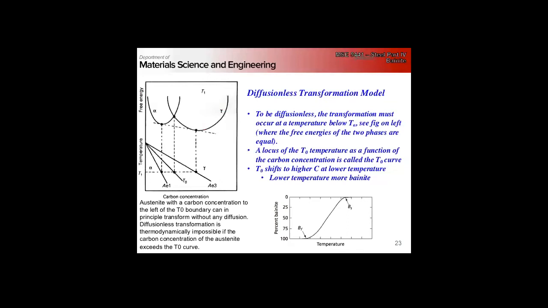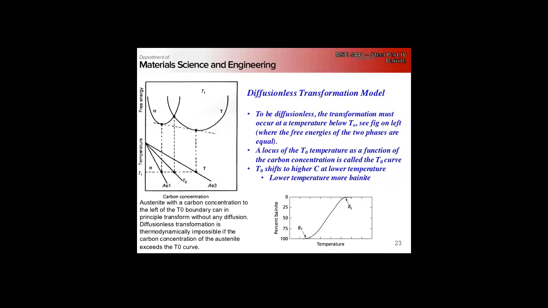This is not necessarily a simple concept, so we're going to hit this again on Monday because I know people are still going to be confused about it. As we lower the temperature, the T naught goes to higher carbon concentration.